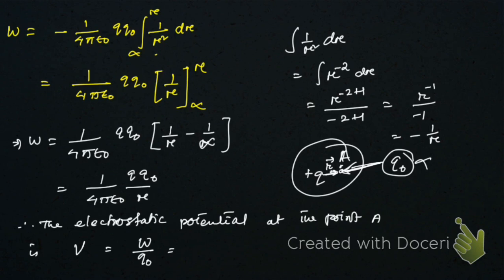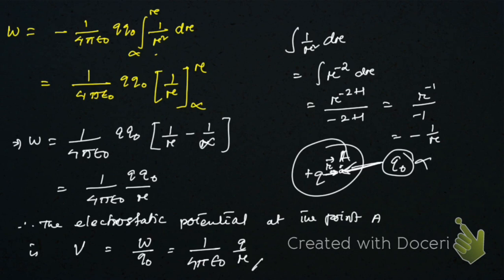If we divide this on both sides by Q naught, then this Q naught will be cancelled, right? So then what you will get is 1 by 4 pi epsilon naught Q by R. That is the potential, right?